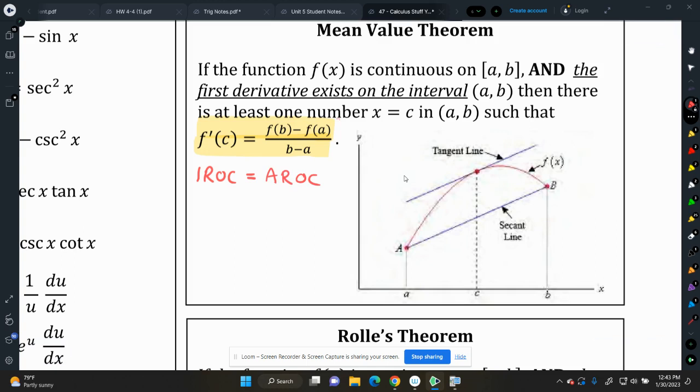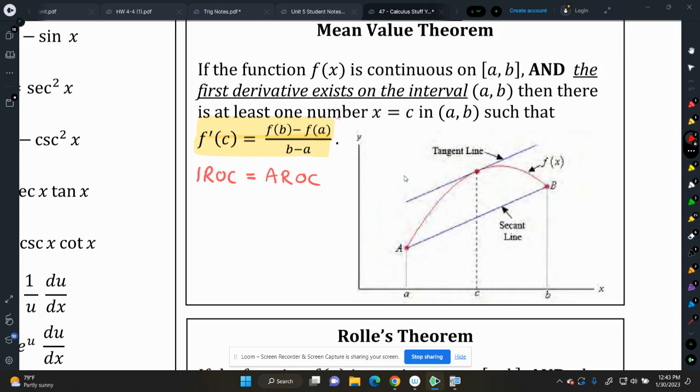The mean value theorem says that if I have a continuous function and the first derivative exists, so in other words, it's not something like this, right? If I have a continuous function and the first derivative exists, that somewhere on that interval, the instantaneous rate of change is equal to the average rate of change, right?